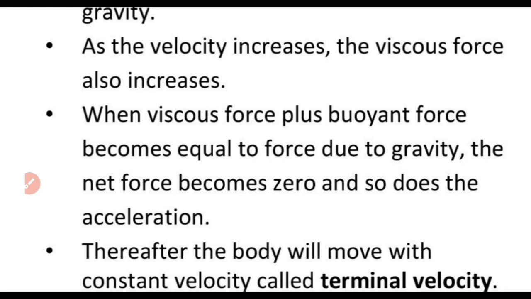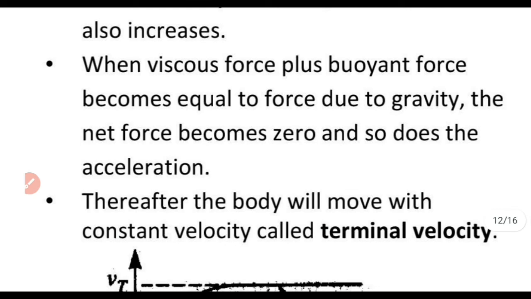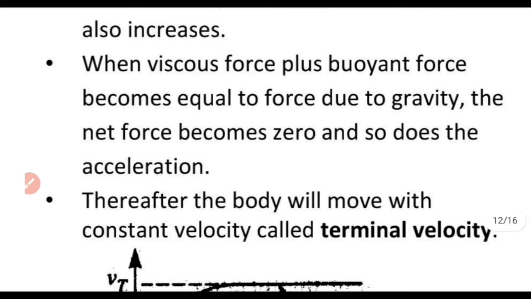So as it comes down, the viscous force acting on the body increases. So naturally the net force decreases, and finally a point is reached where the net force acting on the object becomes 0. And thereafter the body will be moving with constant velocity, and the constant velocity is called terminal velocity.